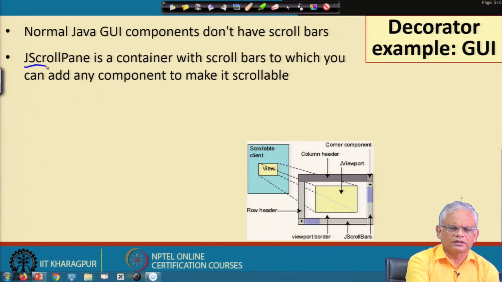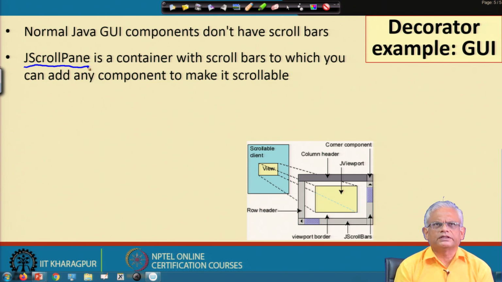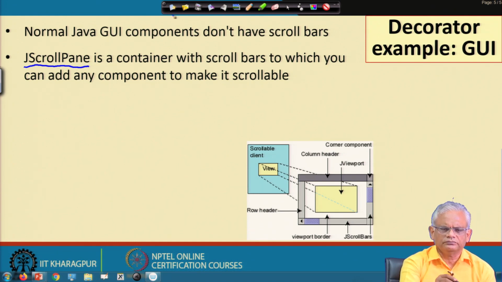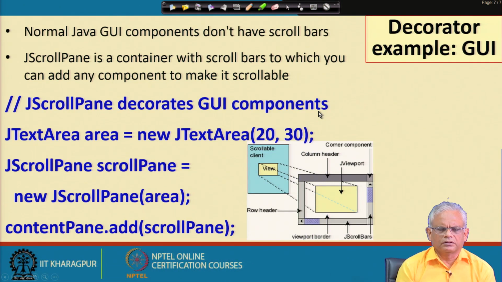the JScrollPane component or widget is a container with scroll bars, and if we add any component to the JScrollPane, then that becomes scrollable. And we will see that this is a direct application of the decorator pattern. Now, let us look at this example. Any GUI component, the JScrollPane can decorate it.